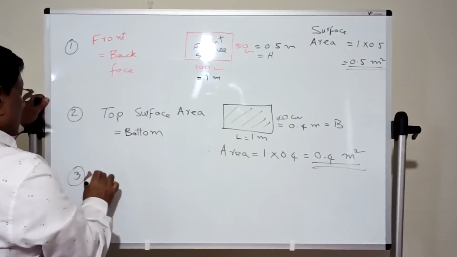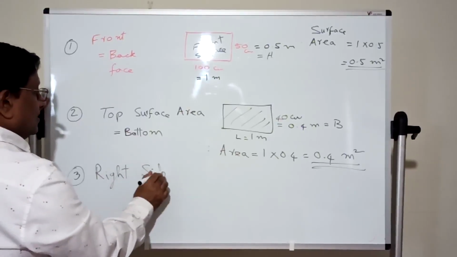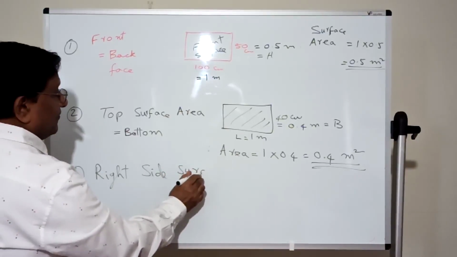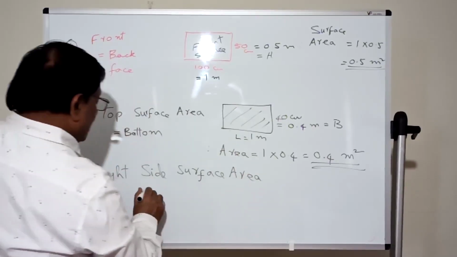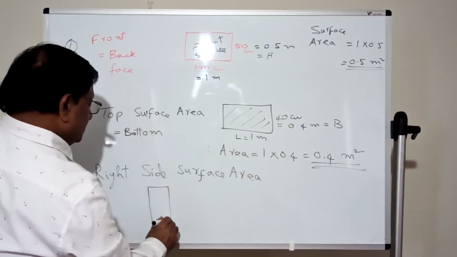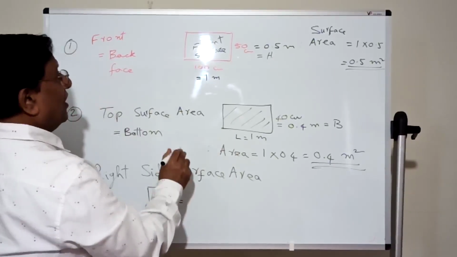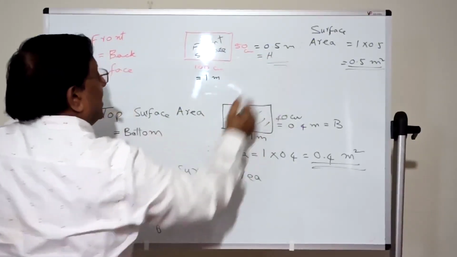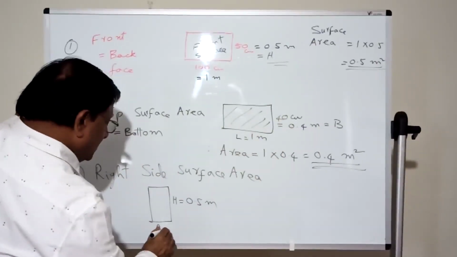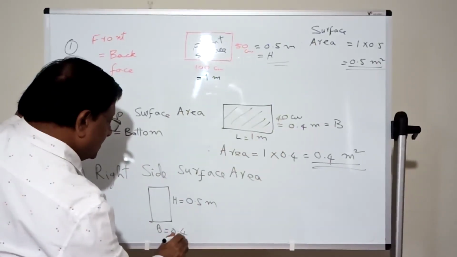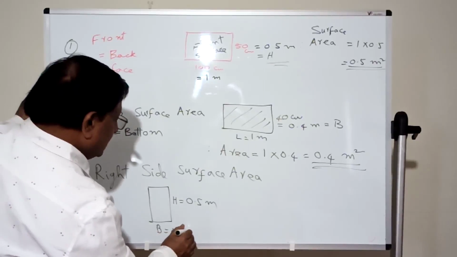Number 3 is the right side surface area. For that, again you draw a rectangle. And here this is B, this is height. Height of this one is the same as the front height, that is 0.5 meters. And breadth is 0.4 meters, because on the side you only get the width and height. You will not see the length.